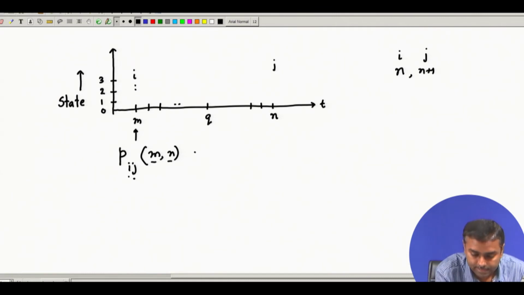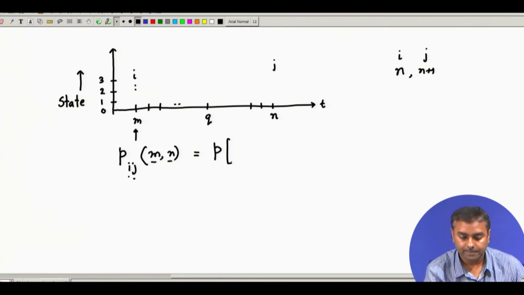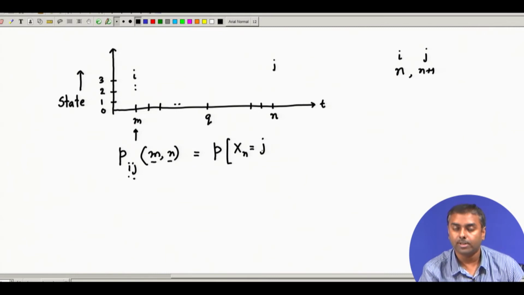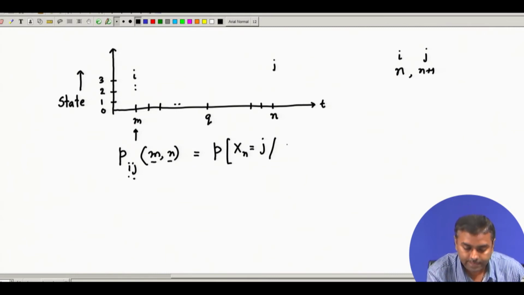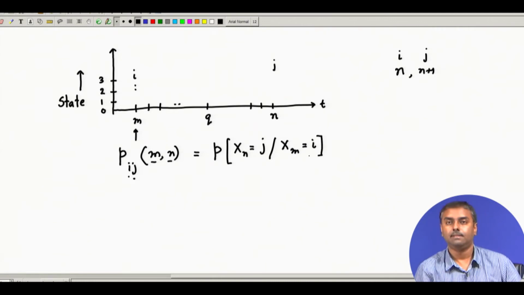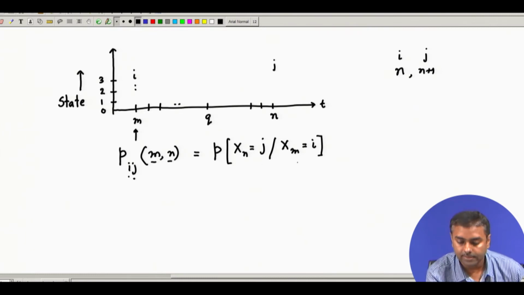Basically, I can also write this as the probability that X_n will be j, so at the nth instant the corresponding state will be j, given that currently I am in this state. That is exactly what it is saying.